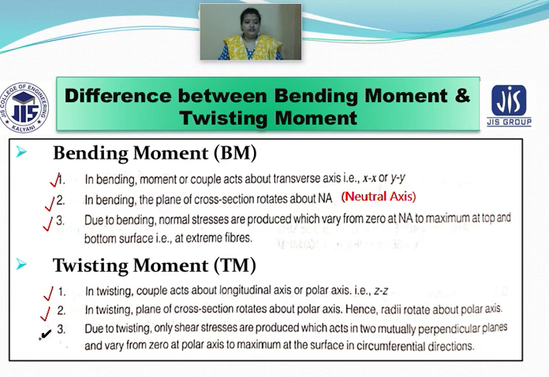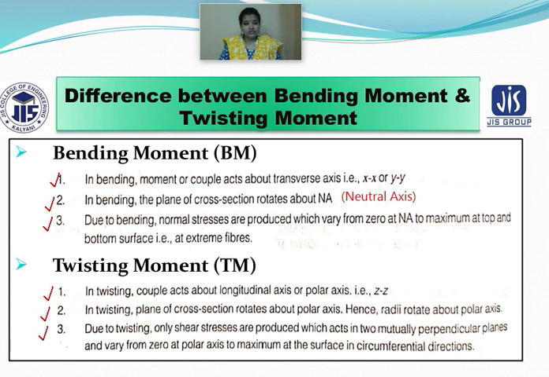And finally, if I talk about the twisting moment, then due to this twisting only shear stresses are produced, which act in two mutually perpendicular planes, and they vary from 0 at the polar axis to maximum at the surface in the circumferential direction. The circumferential direction is the outer direction, where this twisting moment is occurring.